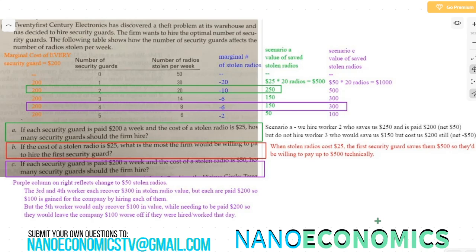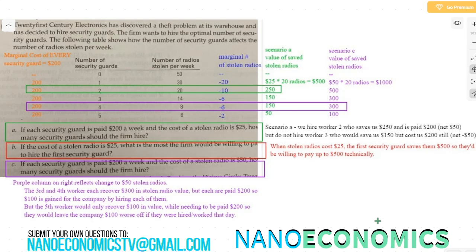And so the first worker is saving us $1,000 worth of radios being stolen. Second is saving $500. The third and fourth are both saving $300. So since we only have to pay $200 a week, the first, second, third, and fourth workers are all saving more value than we're having to pay them.